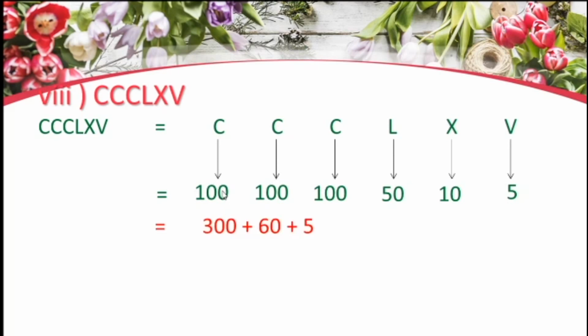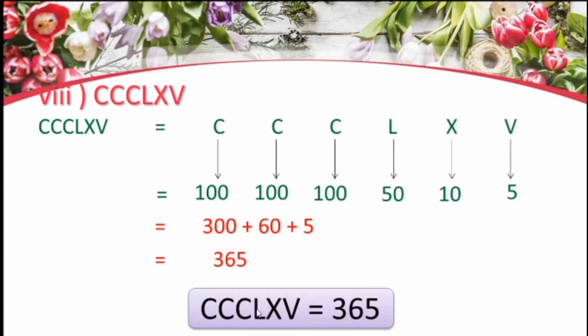So 100 plus 100 plus 100 equal to 300, 50 plus 10 equal to 60, and 5. So therefore 365. Therefore CCCLXV equal to 365.